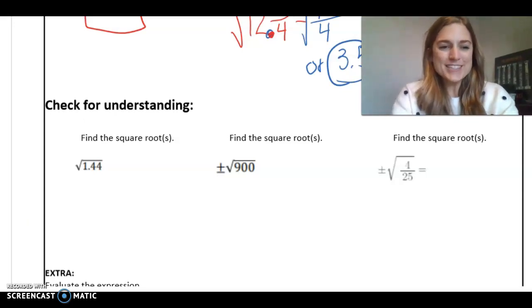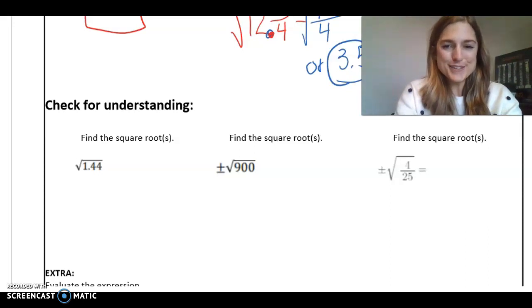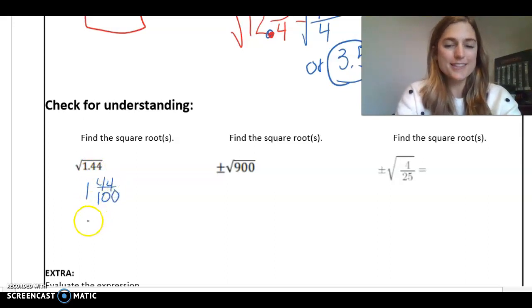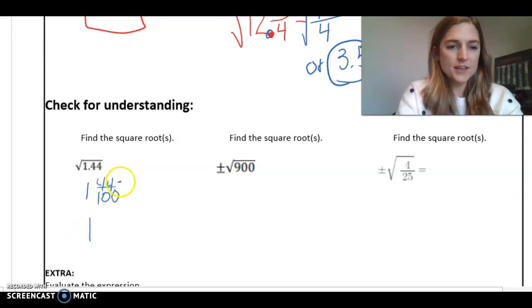So this first one, it's not a nice decimal, but you still can use the little hint that I gave you above. So you can break this into 1, and then that's 44 hundredths. It's in the hundredths place, so I can put 44 over 100, and then I can reduce that fraction. So 1, and then a number that can go into 44 and 100 would be 4.